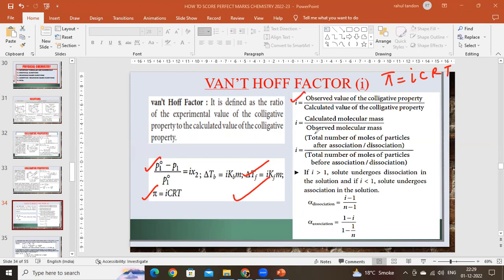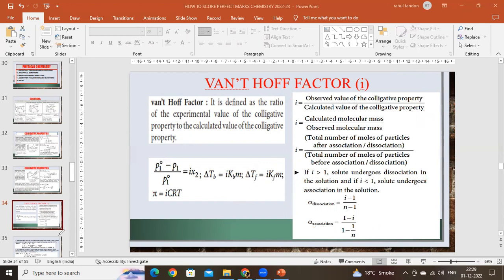And as I said, Van 't Hoff factor is equal to the ratio of the observed value of the colligative property to the calculated value, or calculated molecular mass divided by observed molecular mass, because we know that colligative properties are inversely proportional to molecular mass. On the basis of this, I can calculate, and these are the formulas: i minus 1 divided by n minus 1, or i minus 1 divided by 1 minus n, or 1 by m, whatever. So these are the formulas that are important from the colligative properties.